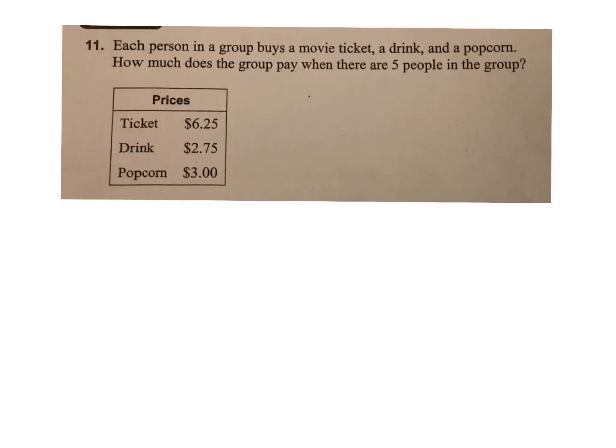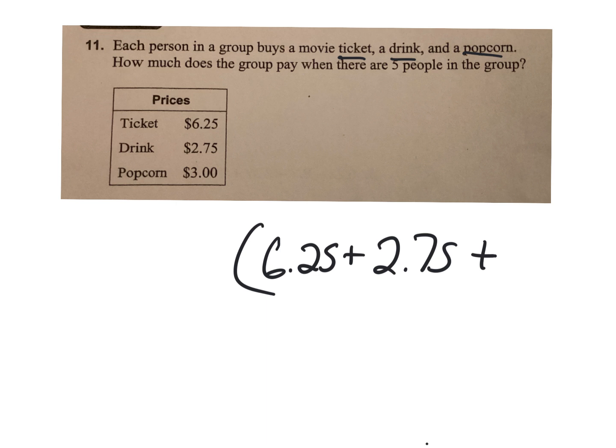Number 11. All right. So we have 5 people getting a movie ticket, a drink, and a popcorn. And since they're all getting just one of each, what we can do is we can put the ticket, 6.25, plus they get a drink, 2.75, plus popcorn, 3.